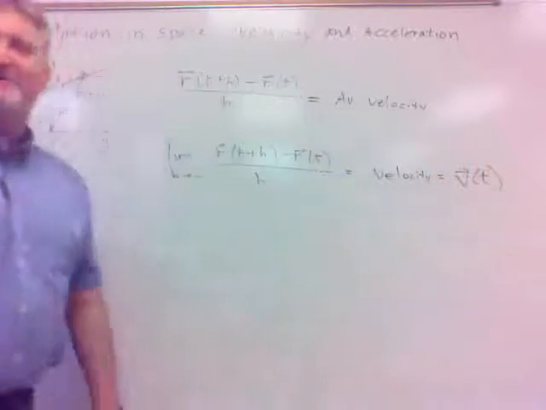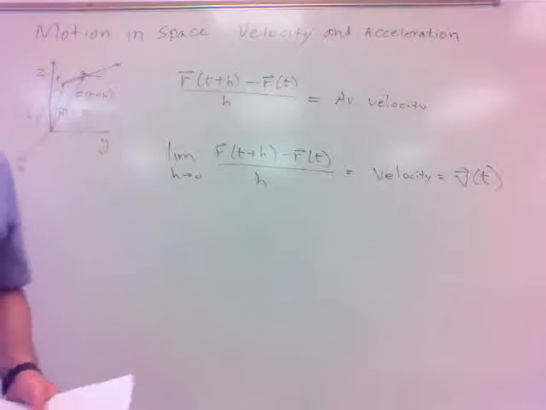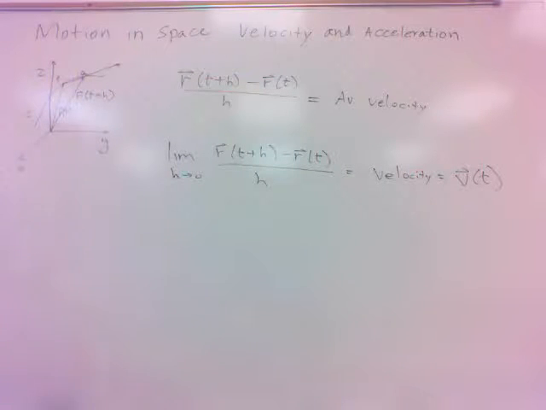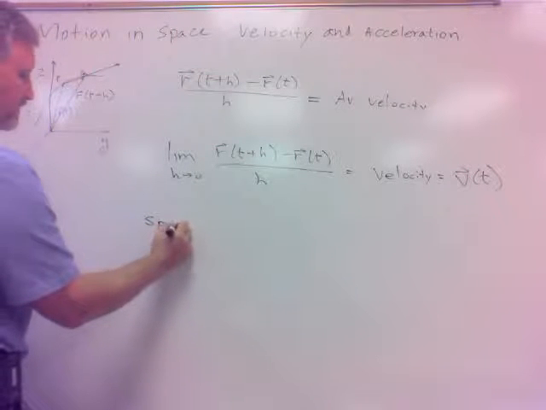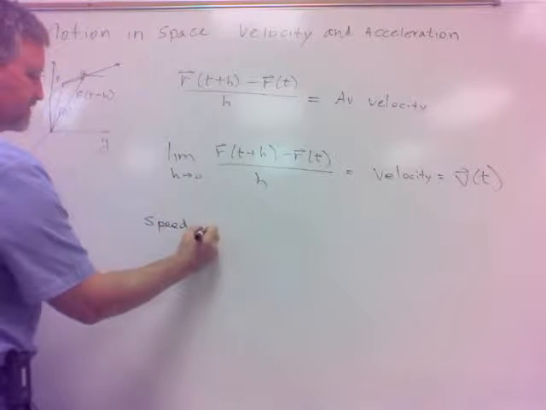Okay, just kind of reviewing. They went through some review stuff in the book, so I thought I would also too with you. All right. And of course, what would the speed of our particle at time t be?